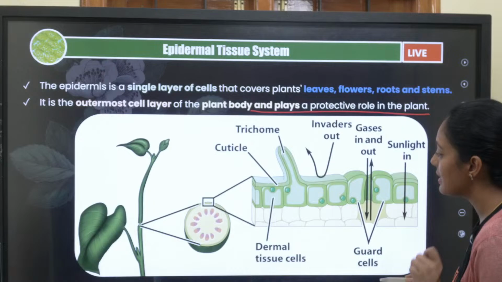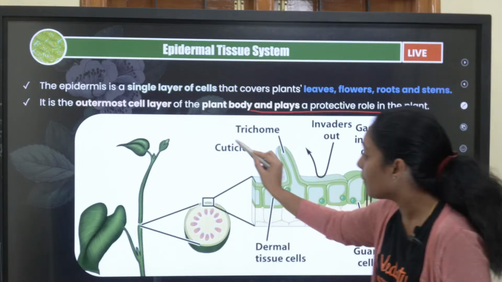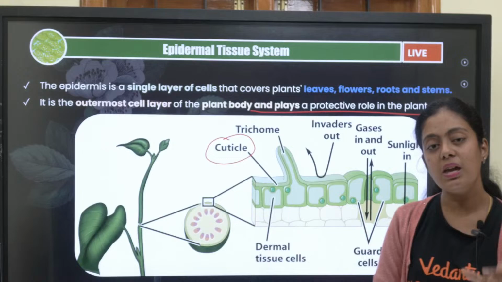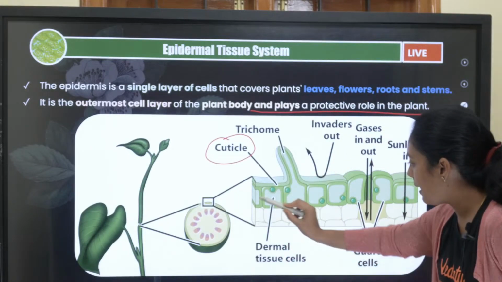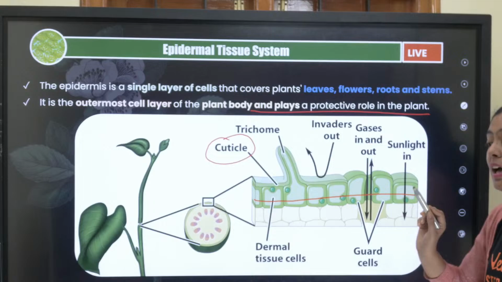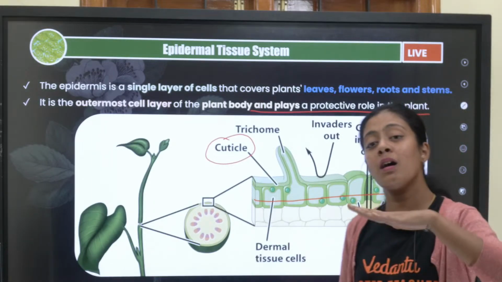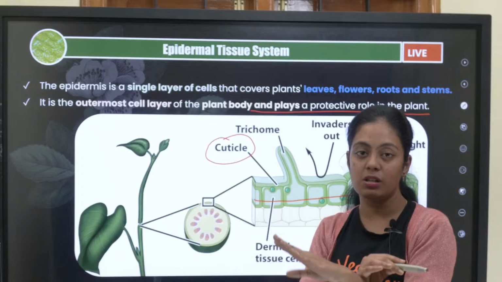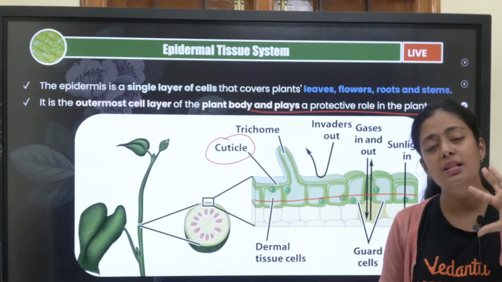Say for example your stem or your leaf, there is something called cuticle. Can anyone tell me what this cuticle is? You can see this is my epidermis, the green colored cells, and this epidermis has a moist layer upon it called cuticle. What is cuticle and what is its function?